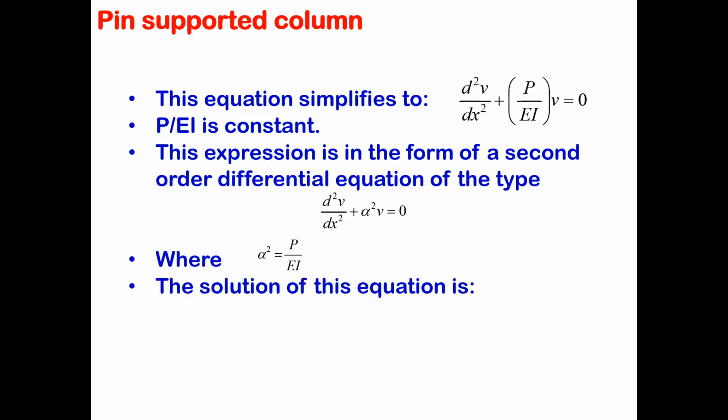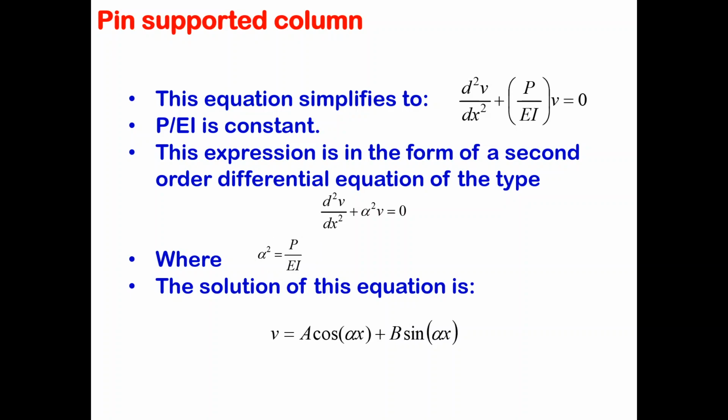The solution is going to look like this. Keep in mind that alpha squared is equal to P over EI. The assumption we are making here is that P, E, and I are constant, so this is just a constant multiplied by V.